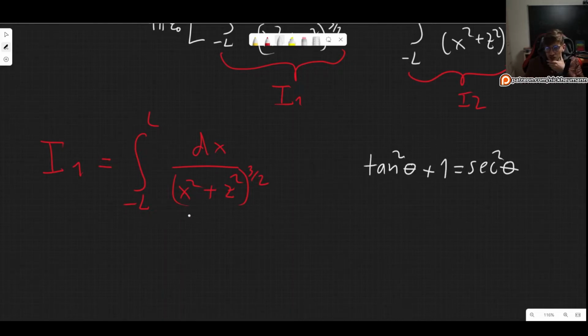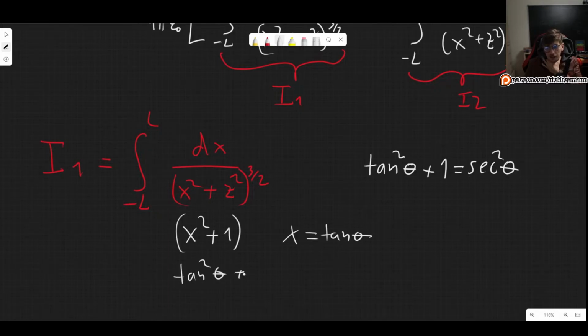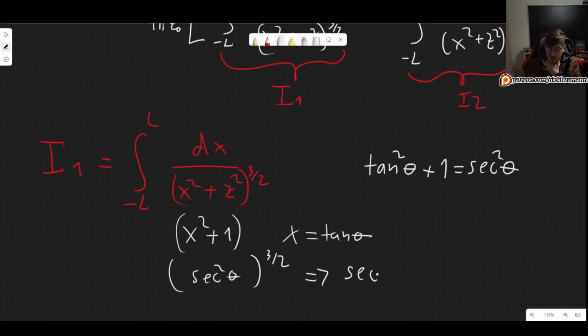Because if I can turn this into something that is like x squared plus 1, or maybe like y instead of x, then I could use, okay, let's say x is tangent of theta, and suddenly I have tangent squared of theta plus 1, and this thing is of course to the 3/2, but you know that this thing here is secant squared. So suddenly I now have secant squared of theta to the 3/2, which gives us secant cubed of theta, right? So suddenly you got rid of this nasty sum.